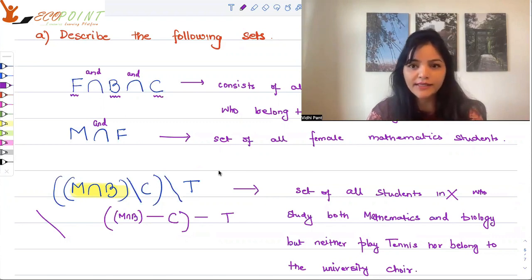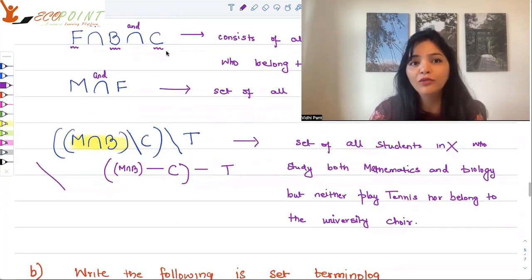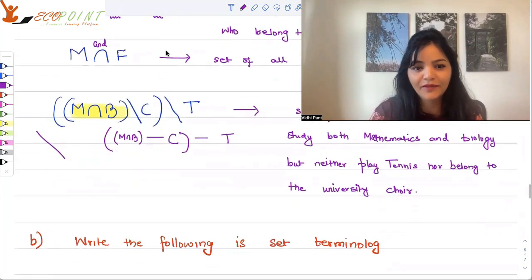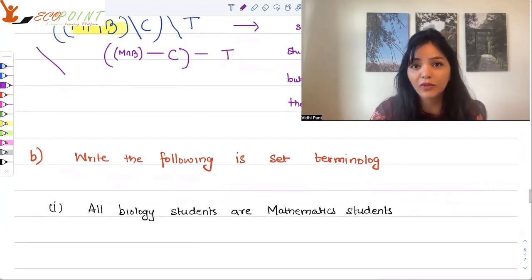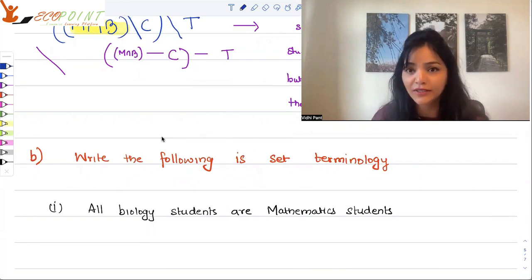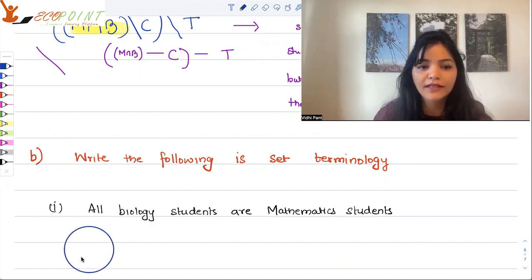Now let's do an exercise to go the other way around. If a statement is provided to you, how do you depict it set theoretically? Write down the following in set terminology. If the statement says all biology students are mathematics students, what is it telling you? It's telling you that the set of all biology students is well within the set of mathematics students.